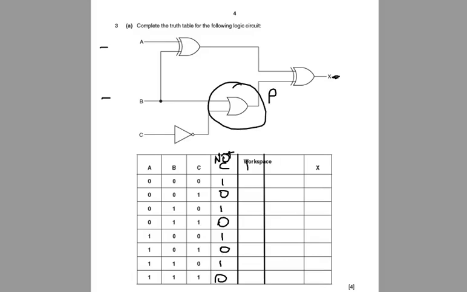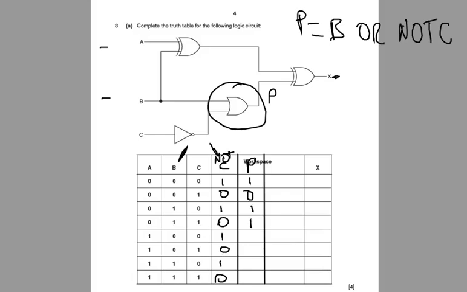I'll call it P. So P is equal to B or NOT C. So let's do that: we have a 1 there, a 0 there, a 1, a 1, a 1, a 0, a 1, and a 1. Remembering that with an OR gate, if either one or both of the inputs are 1, then the output is always 1. So the only time we have a 0 is where both B and NOT C are 0. So that's that gate done.